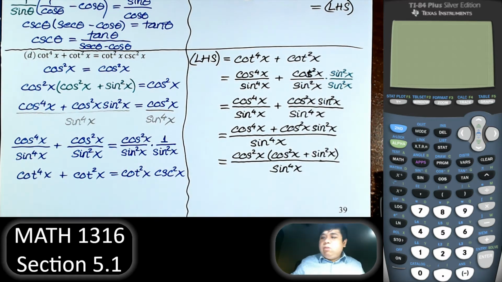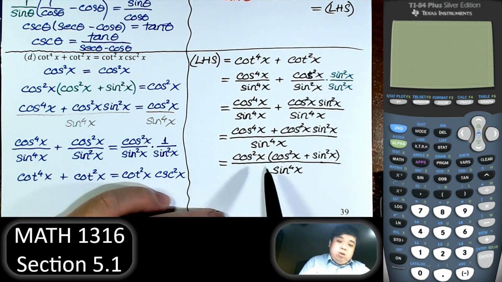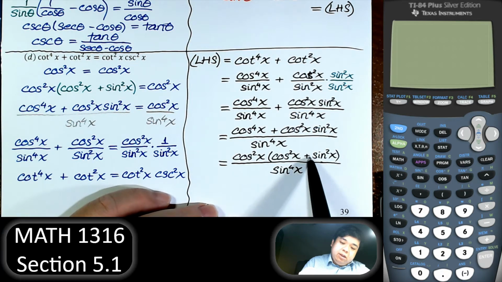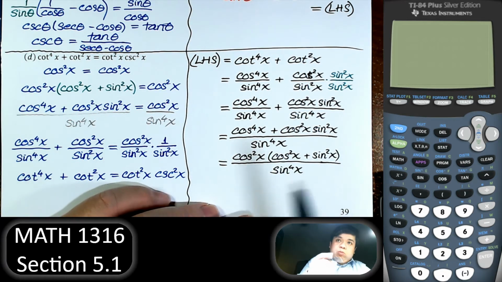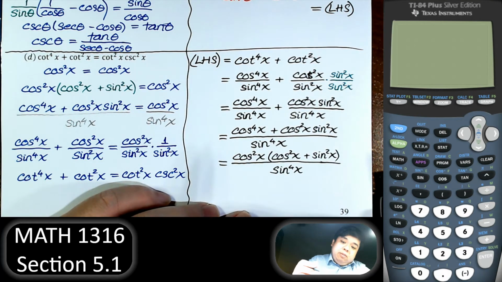So to see, most of the technique that we use here is just involving multiplying by the common denominator, or sometimes cross multiplying, to try to simplify things. But the starting step is to write everything in terms of sine and cosine, right?